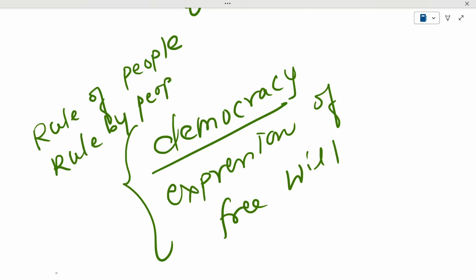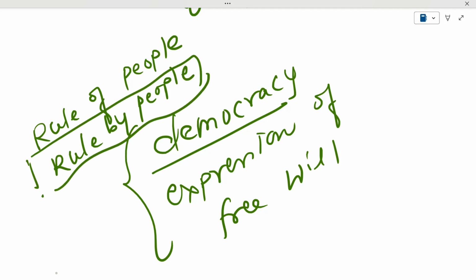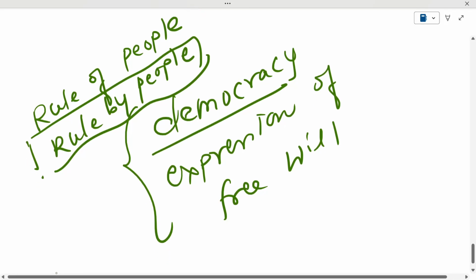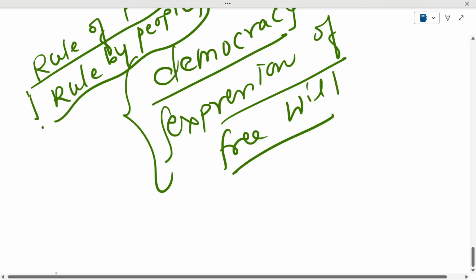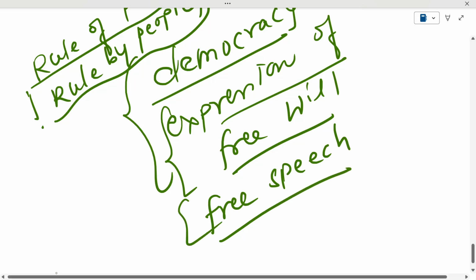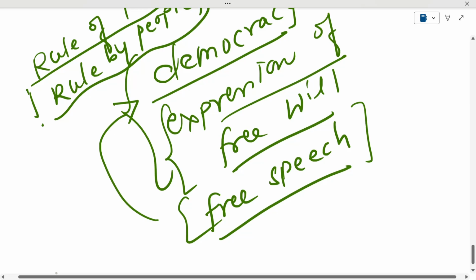So people are ruling themselves, and people can rule themselves only if all the people have a right to express themselves. So the expression of free will, or free speech, are both necessary for a healthy democracy.